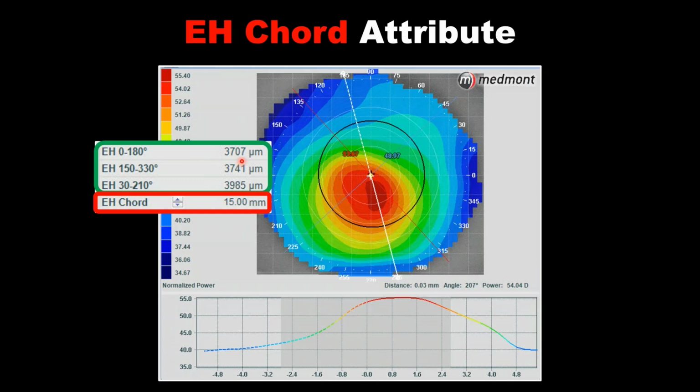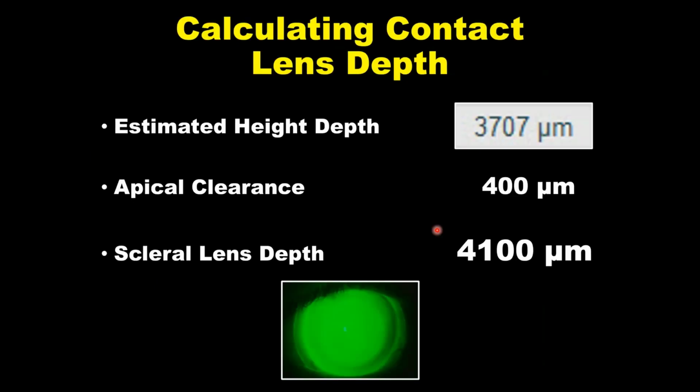It's saying that the 30-10 axis is almost 4,000 microns. So I wouldn't be surprised if I put a lens on eye and I slightly underestimated the height of the eye, because there's a differential in elevation depending on the axis that we're looking for.